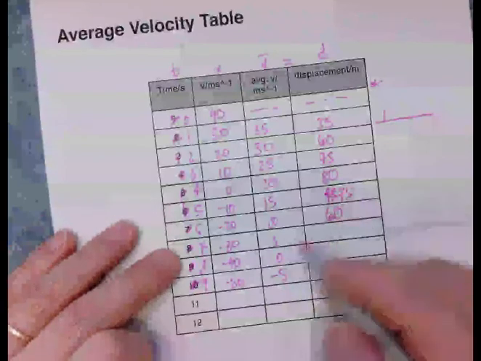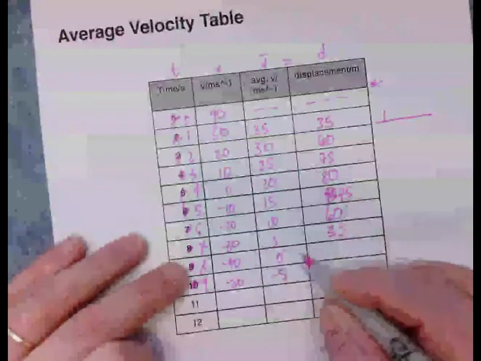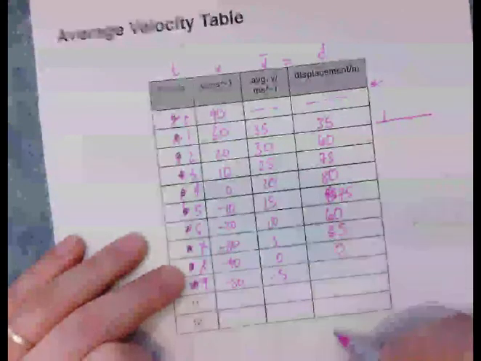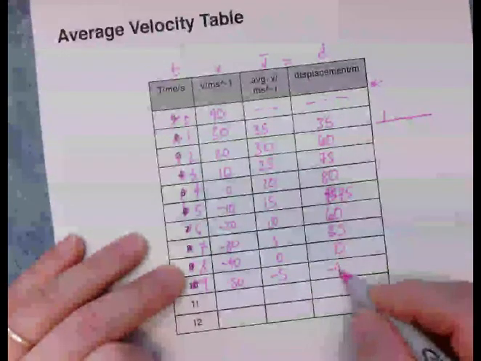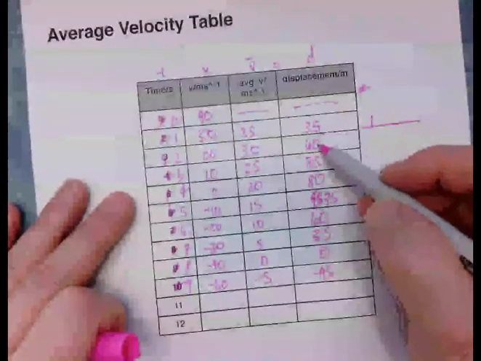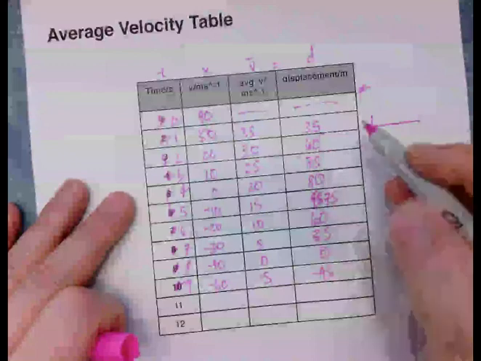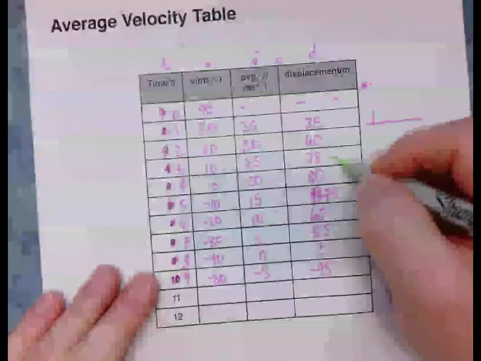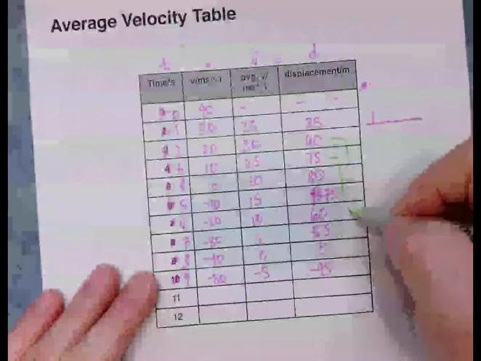And 5 times 7, 35. 0 times 8 is 0. And this would be negative 45. So what do we see here? We see 35, 60, 75, 80, 75. Notice that these two values are paired. So we've got symmetry. These two values are paired.